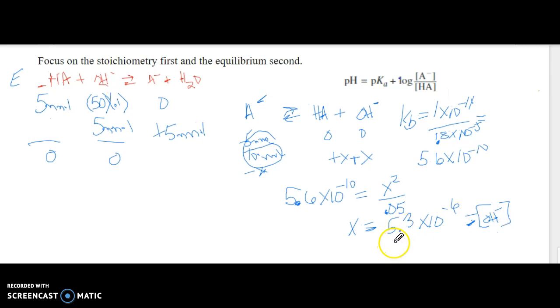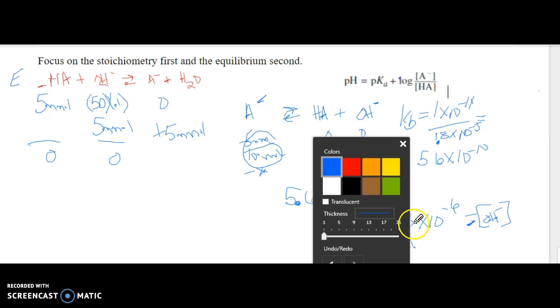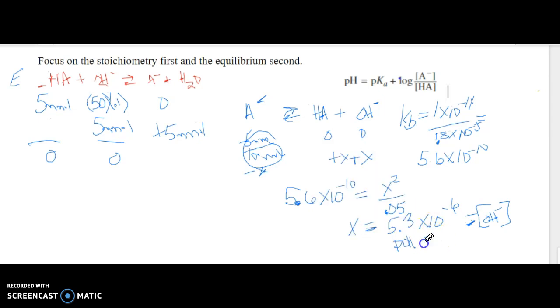So we're going to get pOH equal to 14 minus 5.28. Oh, sorry, that's pH.